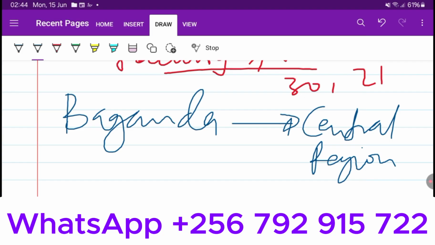So if you pick the respondents that are living within the central region, but they are of a different tribe, you are going to collect incorrect information, and whatever judgment you will draw out of that will also be wrong.